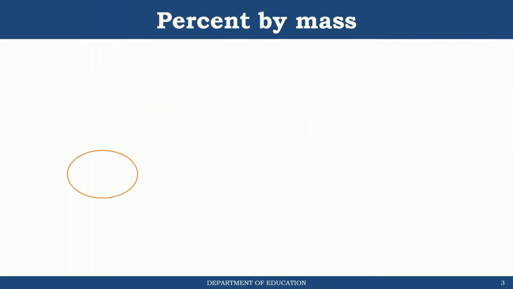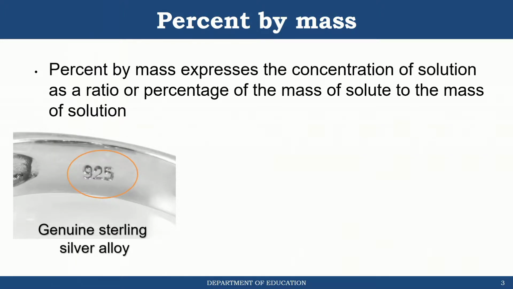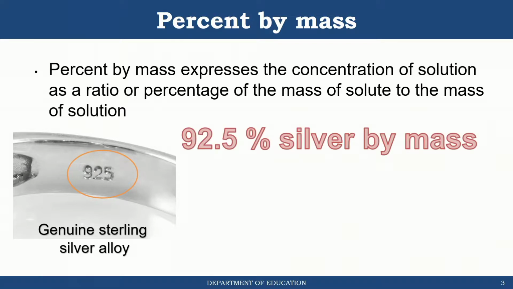Here are some of the quantitative descriptions of concentration. First, percent by mass. Percent by mass expresses the concentration of a solution as a ratio or percentage of the mass of the solute to the mass of the solution. For example, genuine sterling silver items have the number 925 engraved on them because this alloy is 92.5% silver by mass.